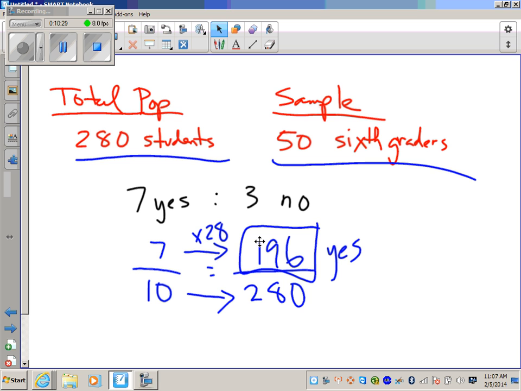I mean, not only sixth graders, but if you're going to have a representative sample of your school, any other suggestions as to what maybe would be a better idea to get a more accurate response from 4K through 8th grade? Liam? Yeah, maybe take a few from each class randomly. That might give you a little bit better of an idea.